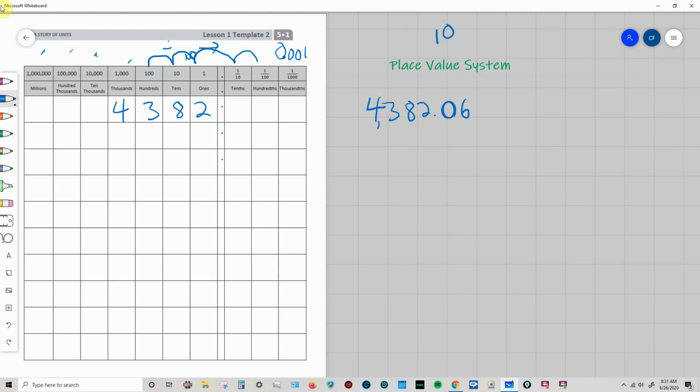Decimal, we just say point, or better yet, we say and. 0 tenths and 6 hundredths. So we would read this 4,382 and, well, there's no tenths, but there's 6 hundredths. So, and 6 hundredths. So that's how we read the number. We use place value to do that.